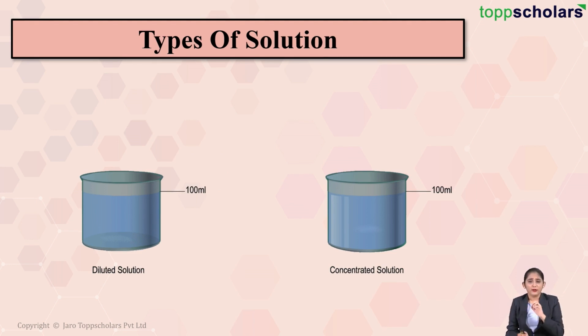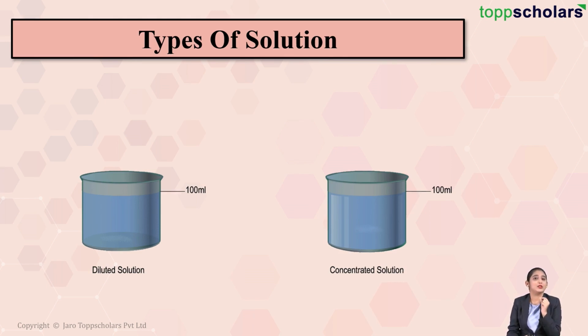Now, if you compare the proportion, the quantity of solute that is present in my solutions, it is different, right? The quantity of solvent is the same in both the cases, but the amount of solute that is present is different, right? Which means that in the first beaker, if you see, the amount of solute is less, which means that the solution is a dilute solution.